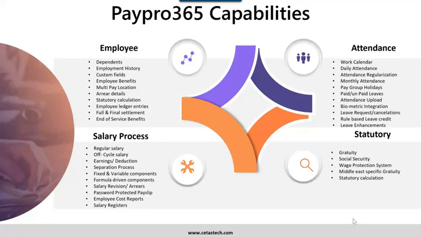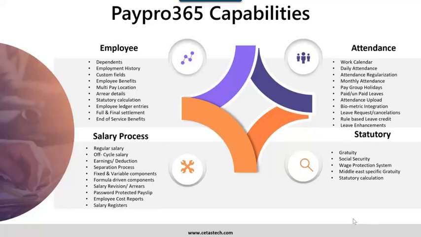Those can be captured here. Then what are the benefits you are going to have, what are the deductions you are going to have, then other calculations, and what is the ledger entry that should be posted when you are processing the payroll. And the service calculation attached to the employees is also maintained there.